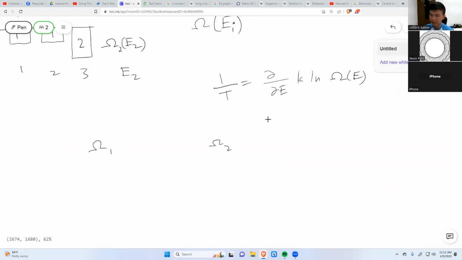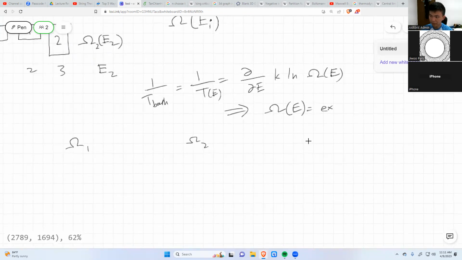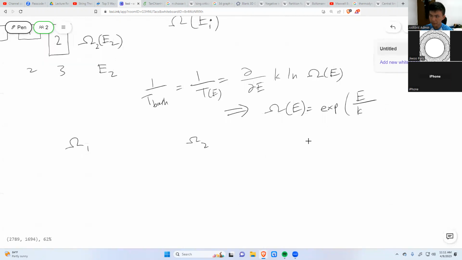So omega is a function of E, and T is a function of E. So essentially, if the T in the denominator here is a constant, I'll just call it T bar, then that leads to the solution that omega of E is equal to the exponential of E over k T bar.